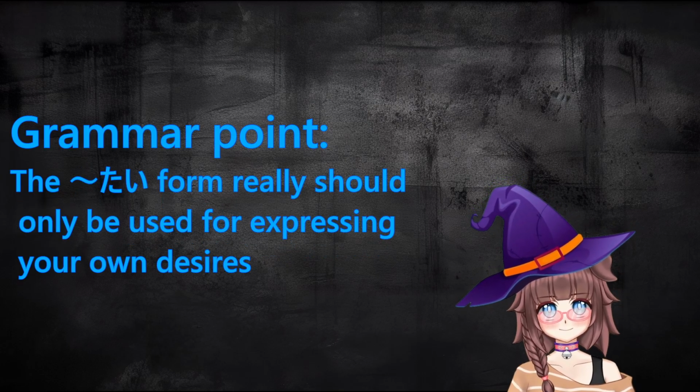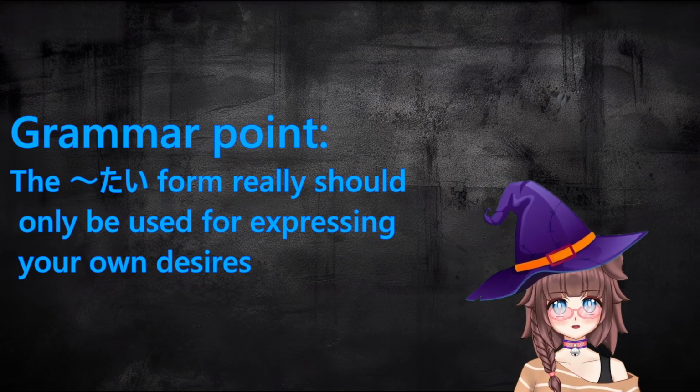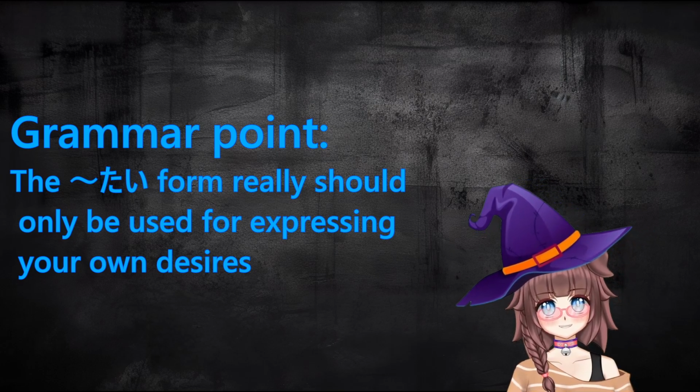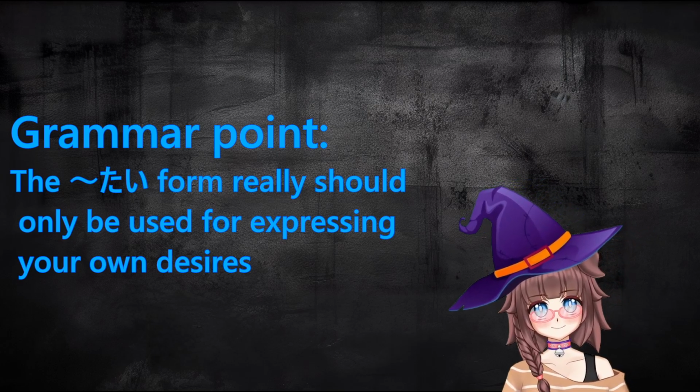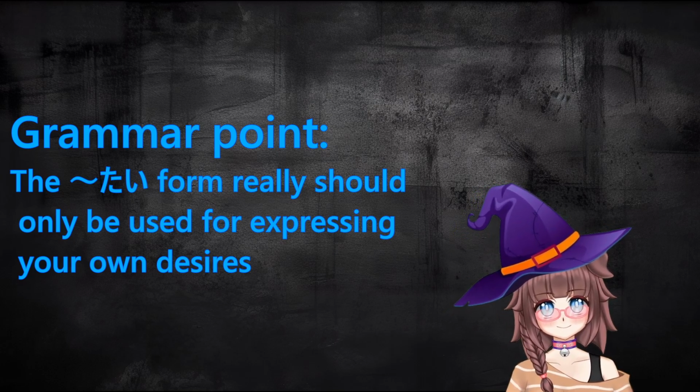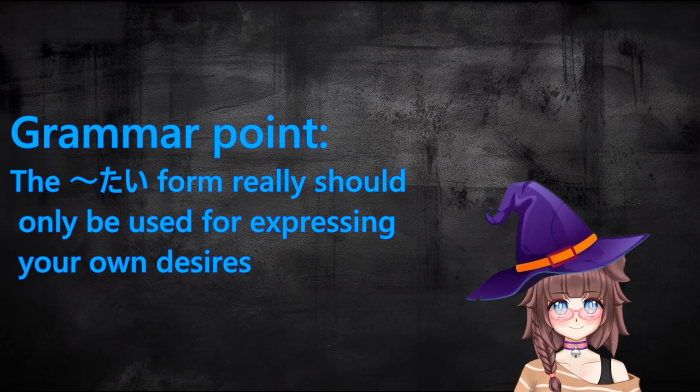This tai form that we've been learning today specifically refers to one's own desires. It would be considered a bit rude to insinuate that you know what another person wants to do. And so we're going to use the tai form to talk about things that we ourselves want to do.